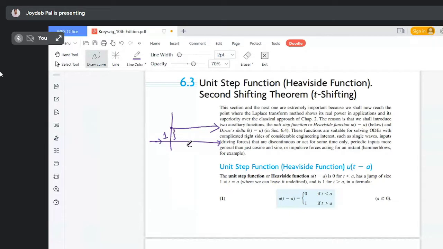So it is called the unit step function. A graph whose step length, meaning height, is 1, is called the unit step function or Heaviside function. I am showing you the formal definition of it.